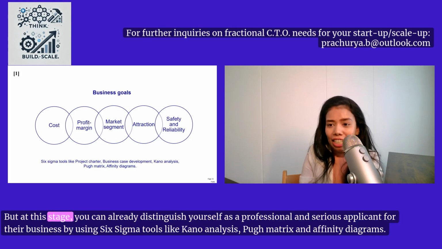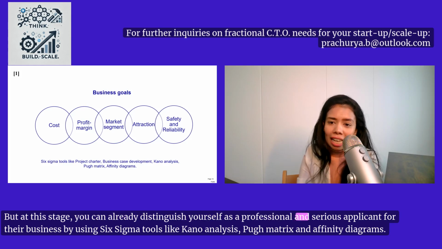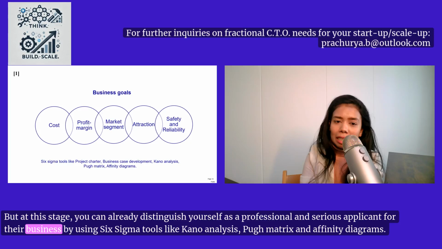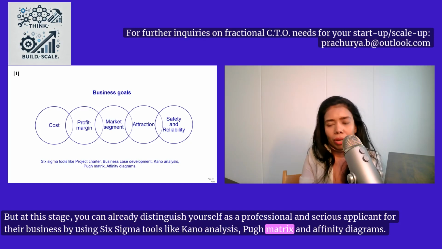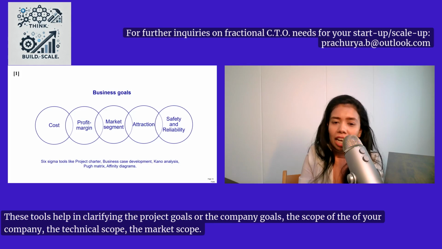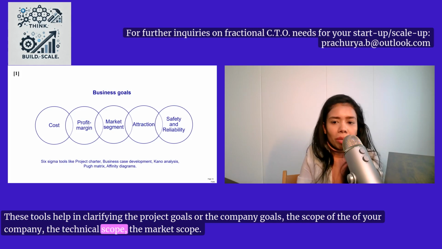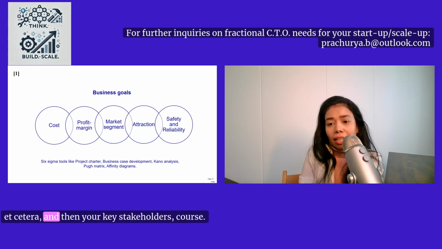But at this stage, you can already distinguish yourself as a professional and serious applicant for their business by using Six Sigma tools like Kano analysis, Buick matrix, and affinity diagrams. These tools help in clarifying the project goals or the company goals, the scope of your company, the technical scope, the market scope, etc., and then your key stakeholders, of course.